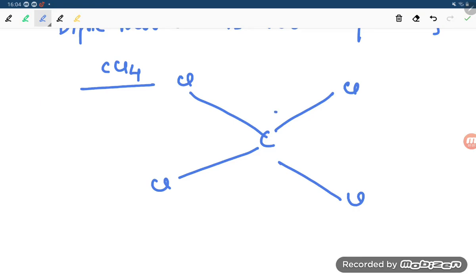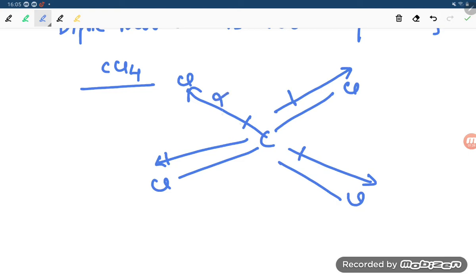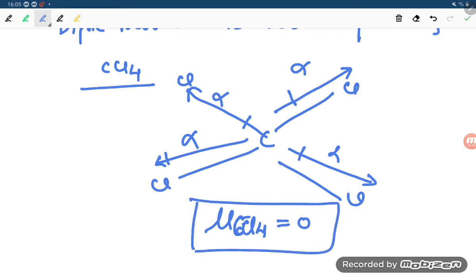The vectors, the electron shift, go in those directions. This one is in the opposite direction of that one. The resultant vector will be cancelling out: this will cancel this and this will cancel this. So mu of CCl4 equals 0, right, student?